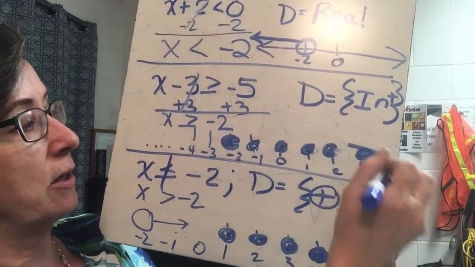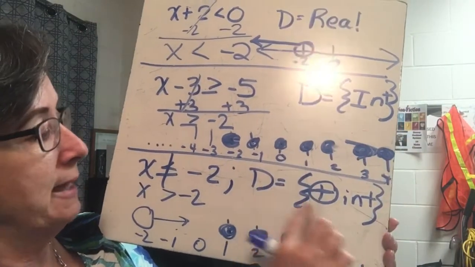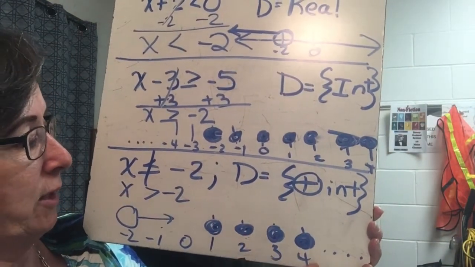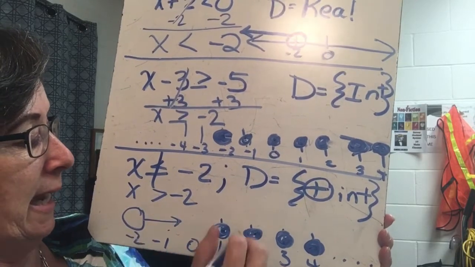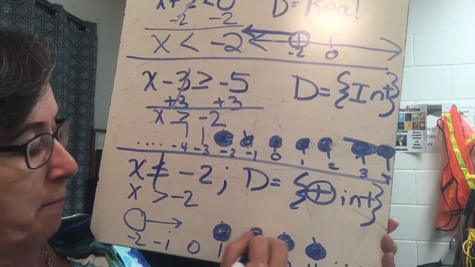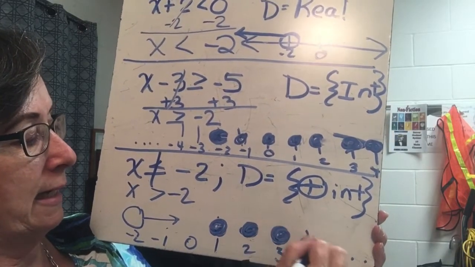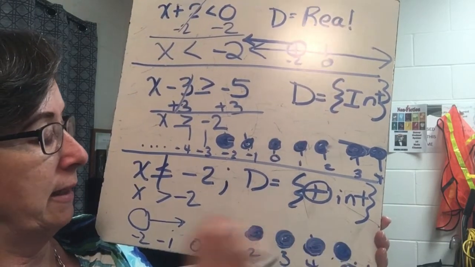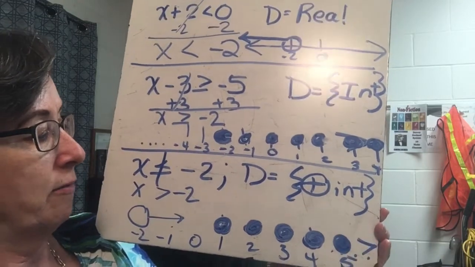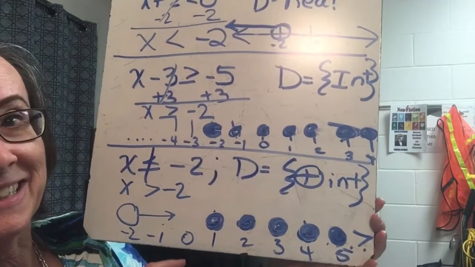Now this one is correct, okay? This one is only positive integers, and so even though this started way over here, we can't actually start graphing them until we get here. So 5 would be included, 6 would be included, and then everything else forever and ever in that direction.